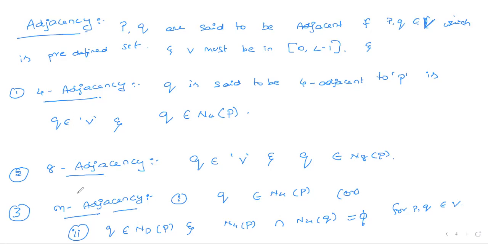Let us see a small problem so that you can understand these three things. Let us consider a small image. I am given the predefined set V equal to 1, and the image I is equal to 0 1 0, 0 1 0, 0 0 1, 0 0 1.